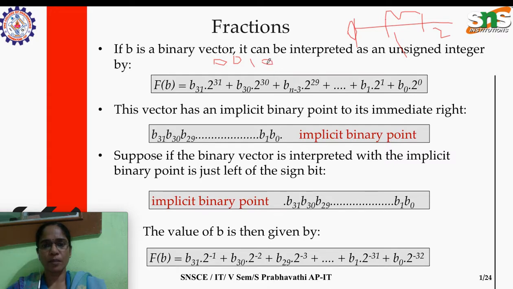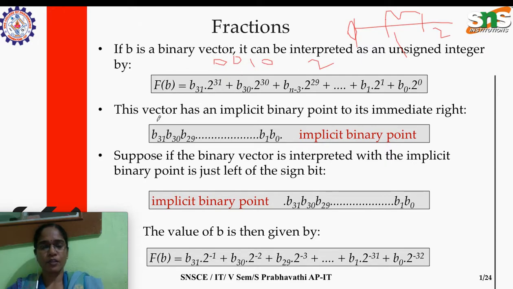Bit b0 is 0 into 2 power 0, plus 1 into 2 power 1, plus 0 into 2 power 2, plus 0 into 2 power 3. As a whole we get 1 into 2 power 1, which is the number 2. So 2 is the unsigned integer for the given example 0010.